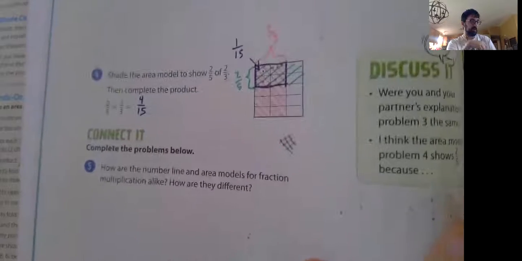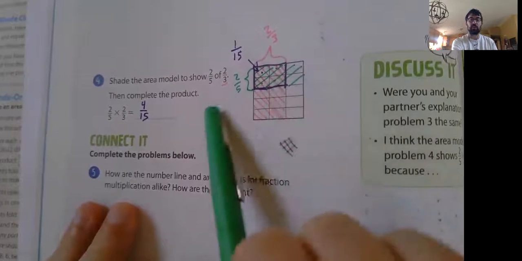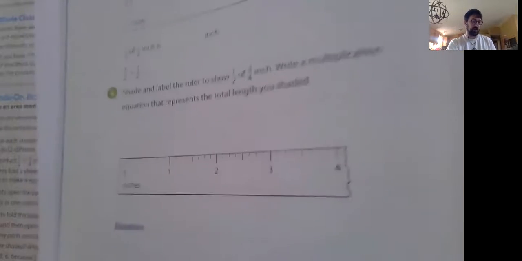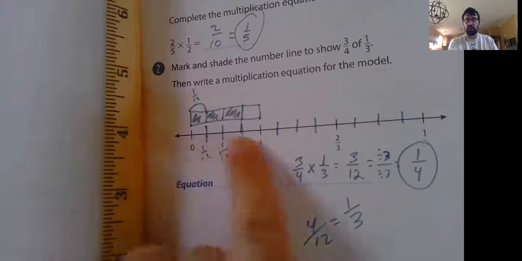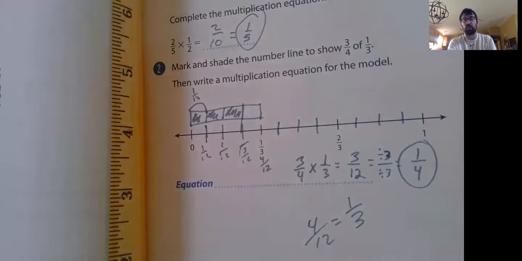Well, if we think about what we did with the area model, again, we have a length and a width, versus what we did with the number line, showing the total value. We know that both ways show us a fraction of a fraction. That's the important thing, that no matter which strategy we take, they both show a fraction of a fraction, okay?